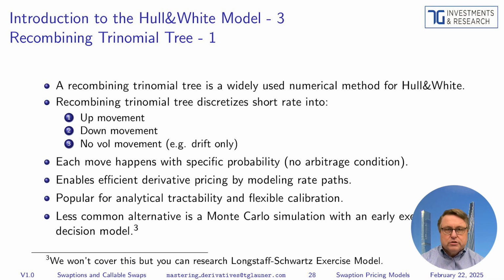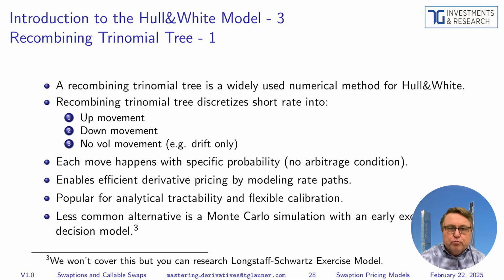This method is particularly useful for efficient derivatives pricing, as it models interest rate paths while maintaining a tractable analytical structure. Additionally, it allows for flexible calibration to market data, making it a popular choice in practice.